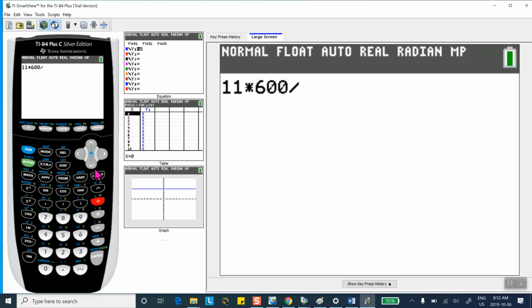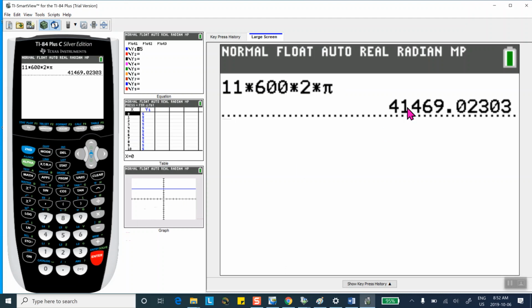Oh, I'm sorry, multiplied by 2 pi, not divided. 2 times pi. Enter. So this number that you see here is the speed of the car in inches per minute.